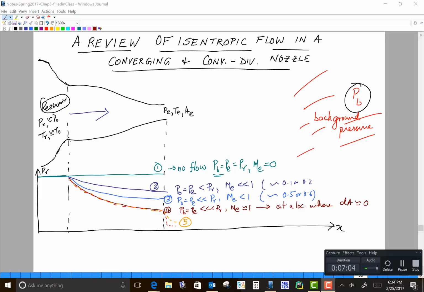So this is case 4, okay? So this case 4 would correspond to the exit Mach number being approximately equal to 1.